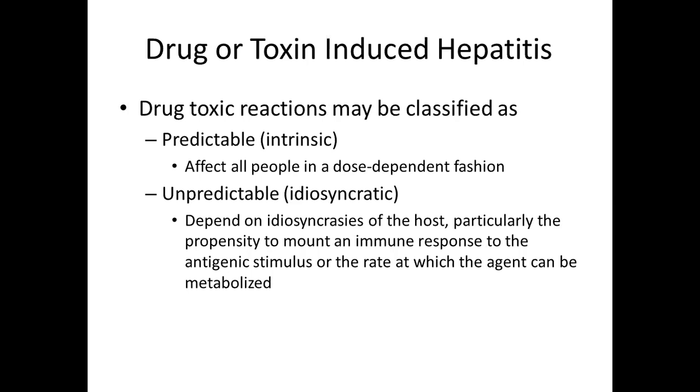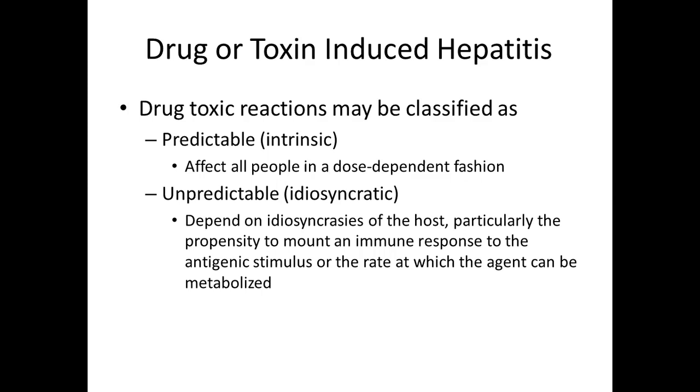Then we have some other causes of hepatitis, usually drugs or toxins. Again, it may be dose dependent, predictable or intrinsic, or it may be dose independent, unpredictable or idiosyncratic.